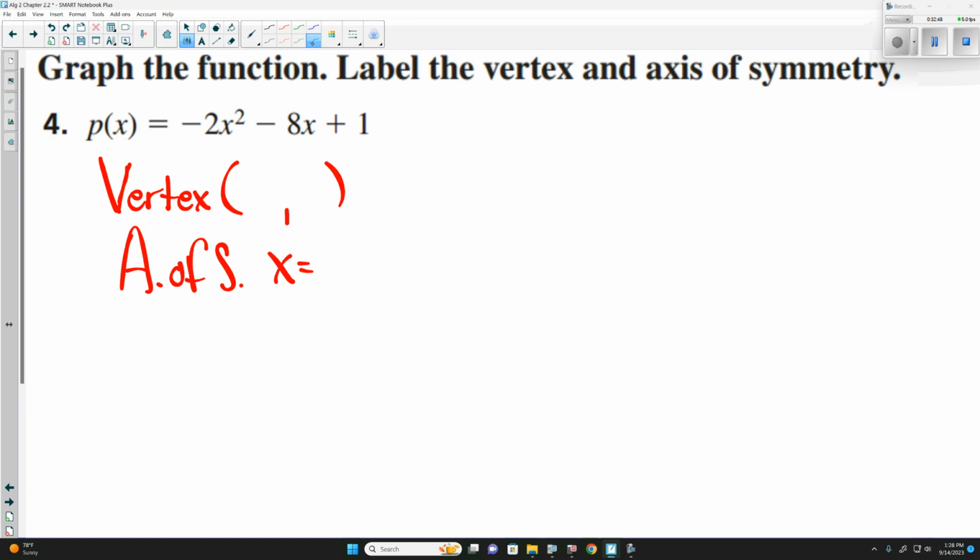Now to find the vertex or the axis of symmetry, the first thing we need to find is our negative b over 2a. Looking at this equation here, what is our value of b? -8, because we're going off our ax squared plus bx plus c. So we'll replace b with -8. And the value of a is?